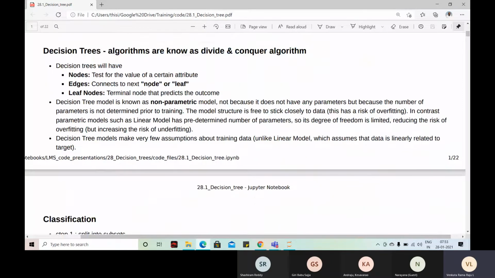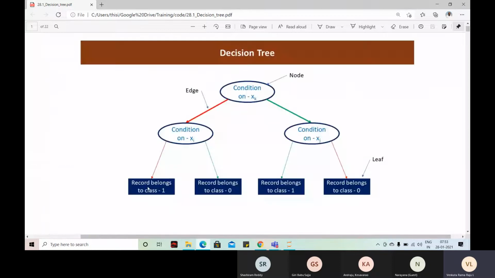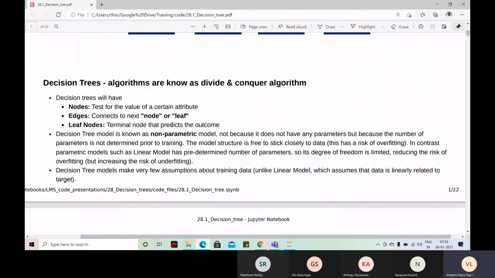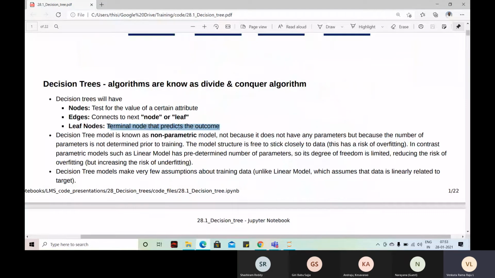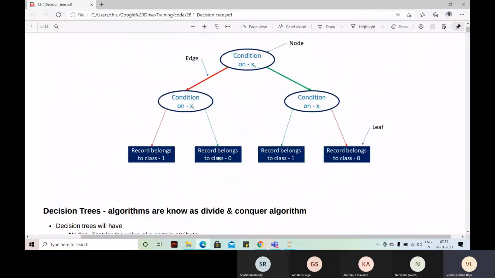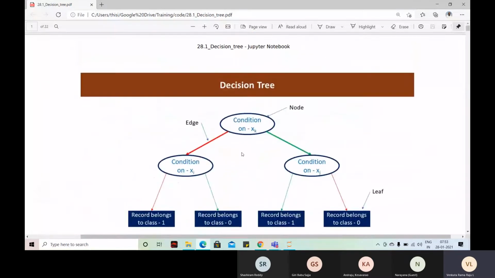When all records belong to one class, I say it is a last leaf node. Leaf nodes are terminal nodes that predict the outcome. So when a new record comes in, you pass it through the conditions. If xk is less than something, it comes here. If xk is greater than something, it goes there, and if xi is greater than something, it goes there and predicts that the record belongs to 0. How exactly these features are selected, or the tree is constructed, we need to understand.